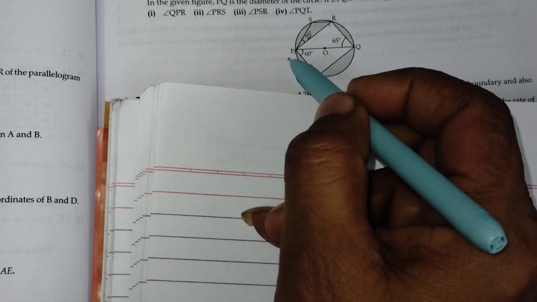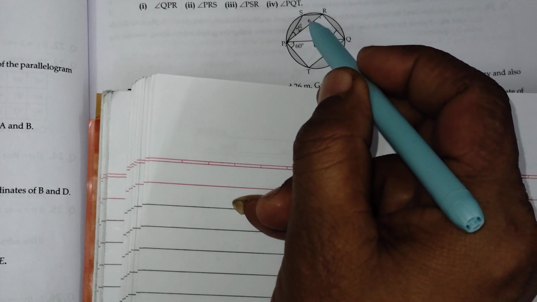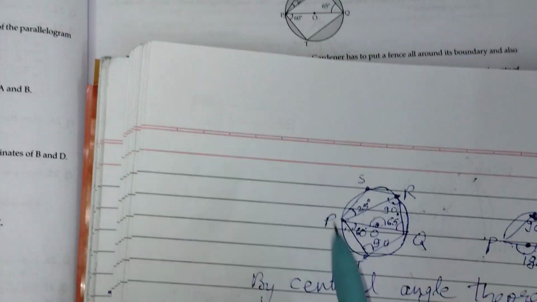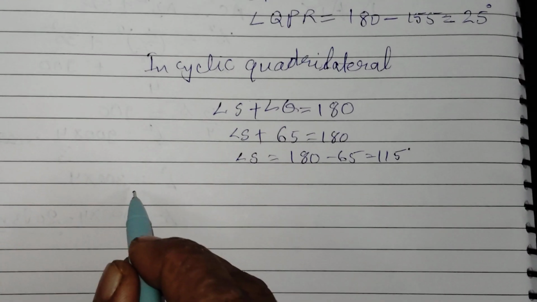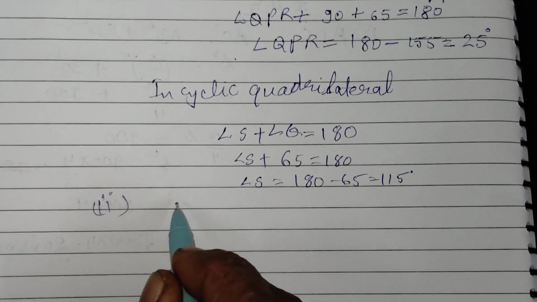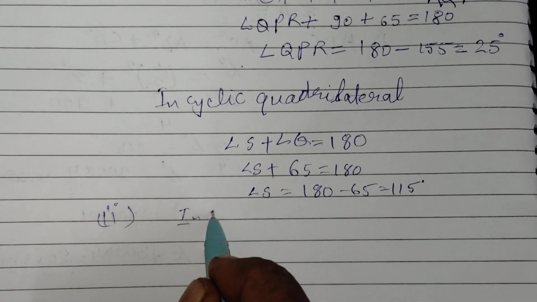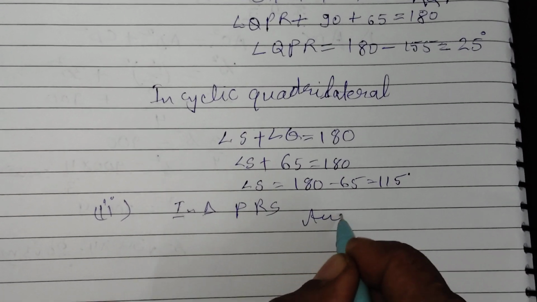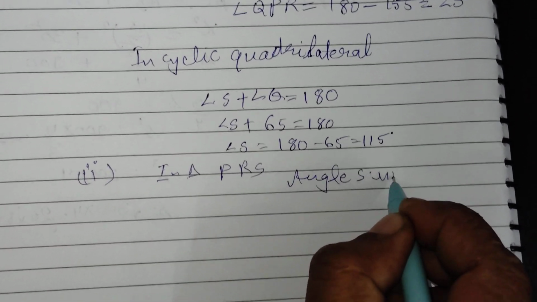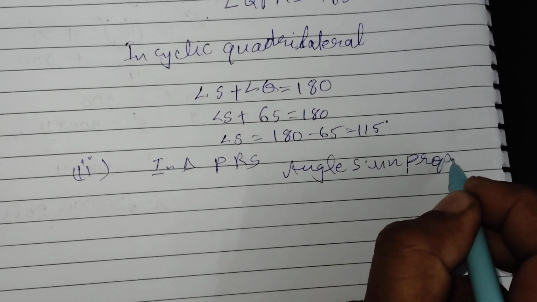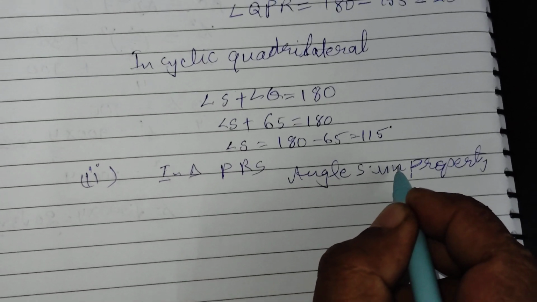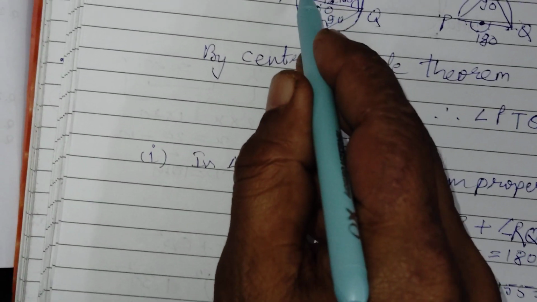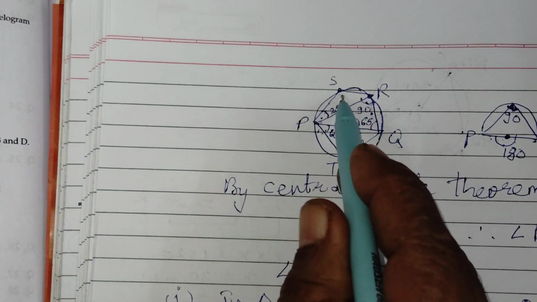In triangle PRS, we use the angle sum property. This angle is 25, this one is 115.